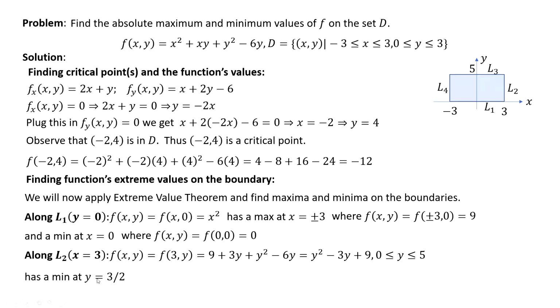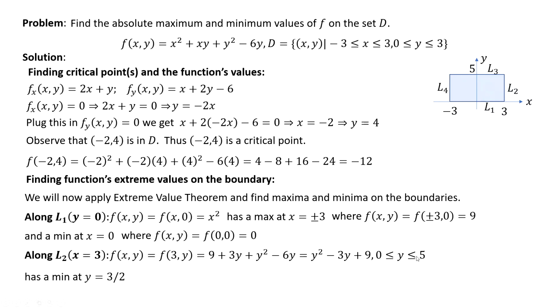We have a minimum because this is y squared minus 3y. Positive y squared indicates this is a concave up parabola, just like a y equals x squared kind of parabola. It has a minimum at y equals 3/2. And what's the maximum? Well, you've got to go to the endpoints.